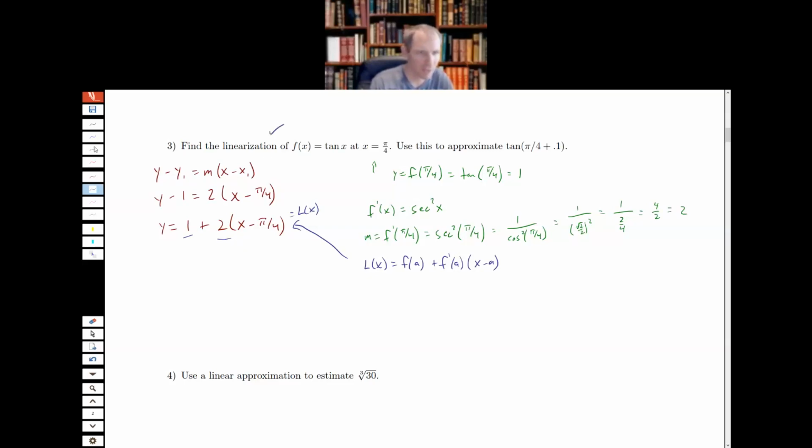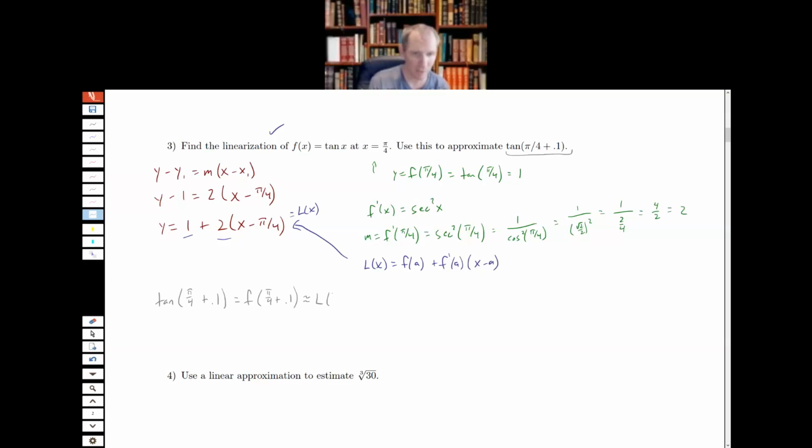Okay, next we're going to use this to approximate tangent of pi over 4 plus 0.1. So tangent of pi over 4 plus 0.1 is exactly equal to f of pi over 4 plus 0.1, and I approximate the function with the tangent line, the linearization.